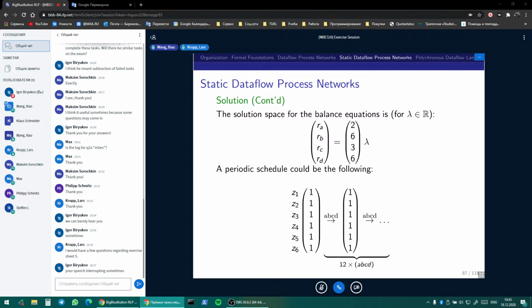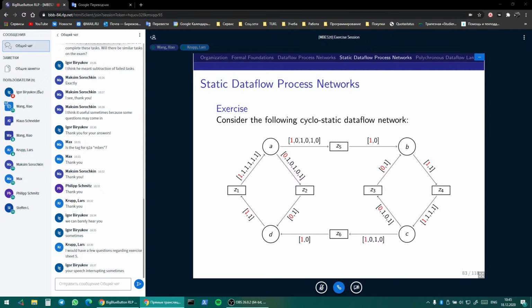I think I have a question about that. Could you go to the graphic, maybe? You initiated all buffers with one element. But aren't there cases where we need more than one element to even fire?